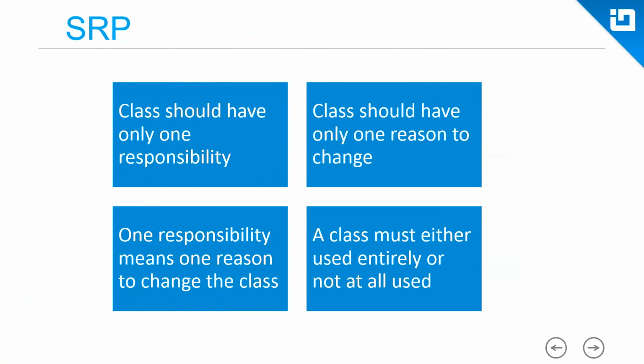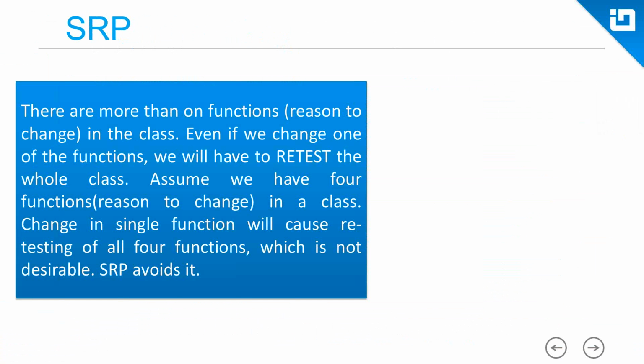It's very simple. If you have a class that has 2 functions, one to calculate salary, another to print the salary slip, it means that class has 2 responsibilities, and you may want to refactor that class, as it is violating the SRP principle. There is more than one reason to change in a class. Even if we change one of the functions, we will have to retest the whole class.